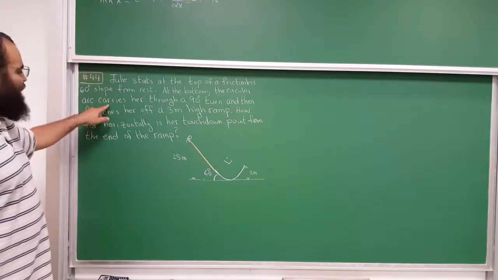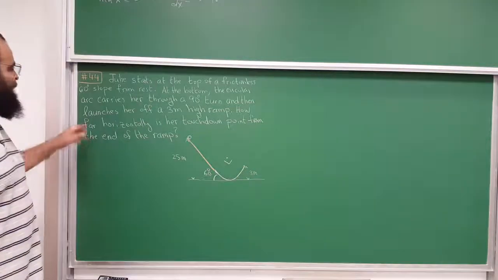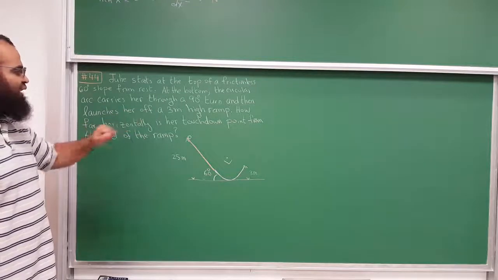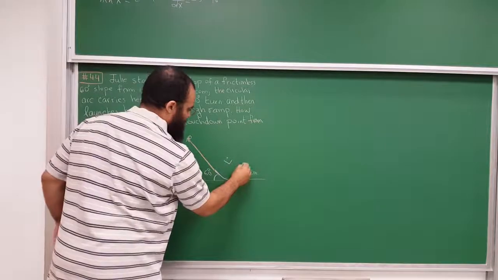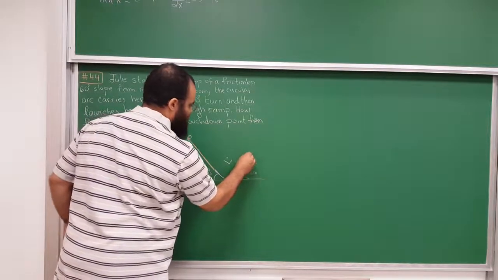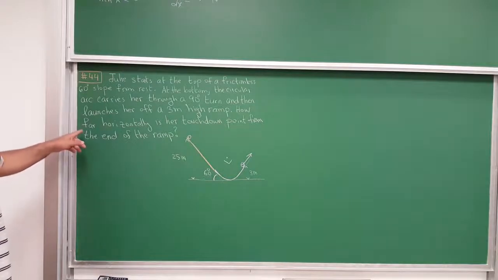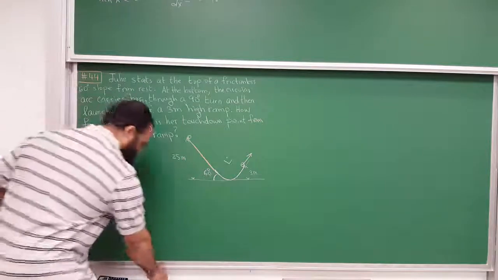At the bottom, the circular arc carries, and then launches her off at 3 meters high ramp. So she would go like this, and then in here, she's launched this way. It says, how far horizontally is her touchdown point from the end of the ramp?